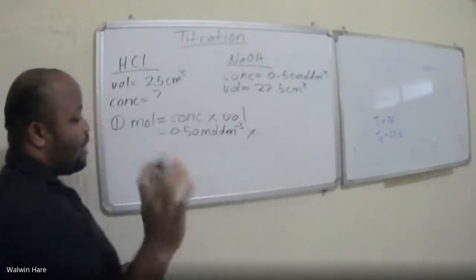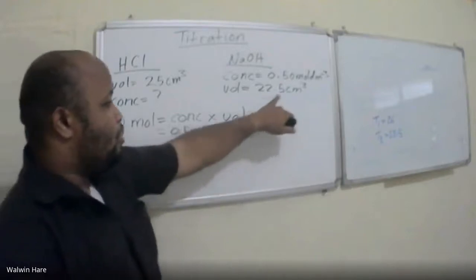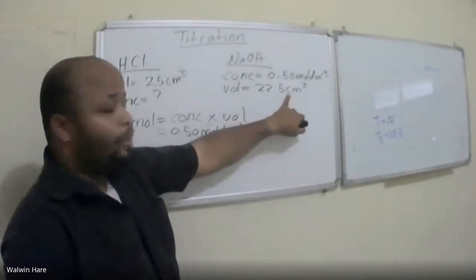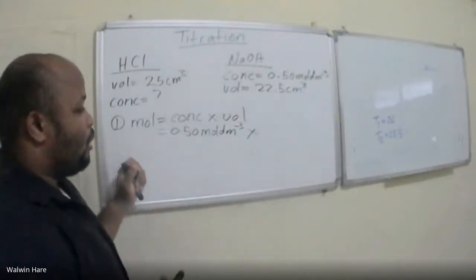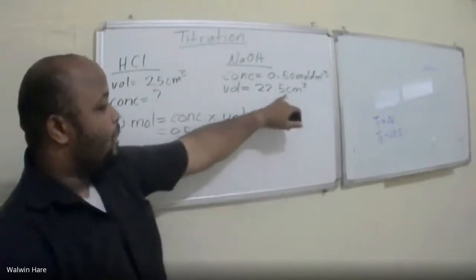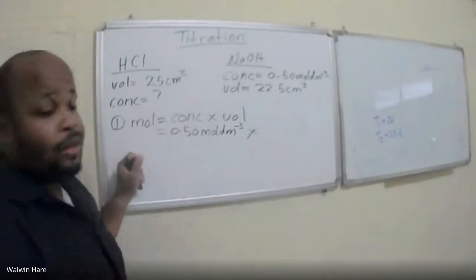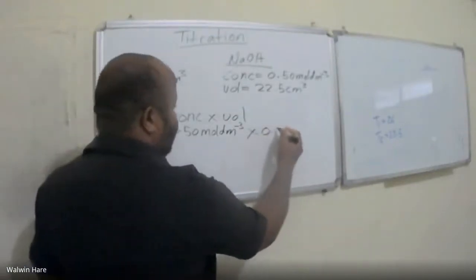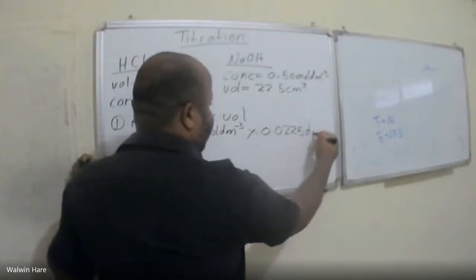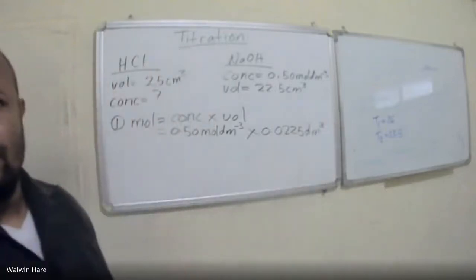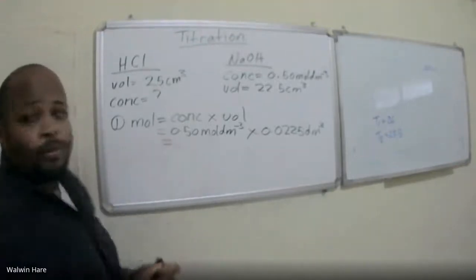The unit for concentration, as you can see, is moles per dm cube. So we are going to convert the cm cube to dm cube. And we know that 1 dm cube is 1000 cm cube. So to convert from cm cube to dm cube, you would divide by 1000. And so you would end up with 0.0225 dm cube. Let me work on this.